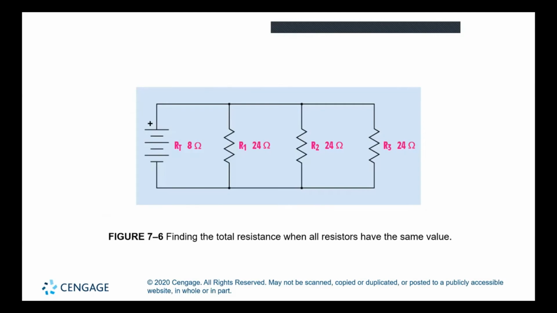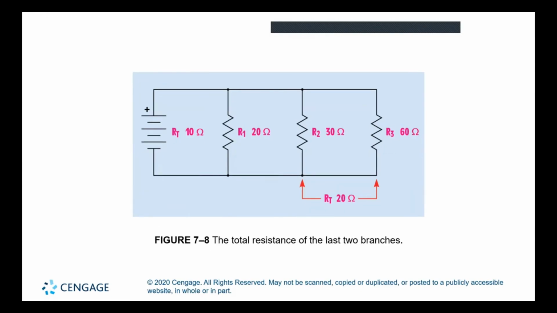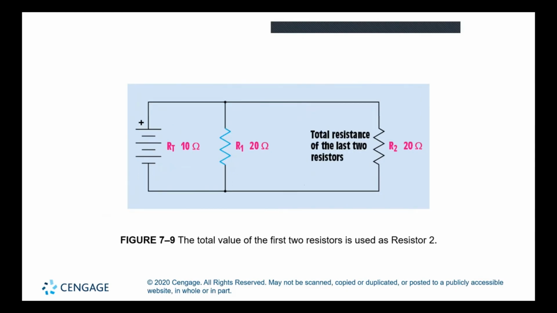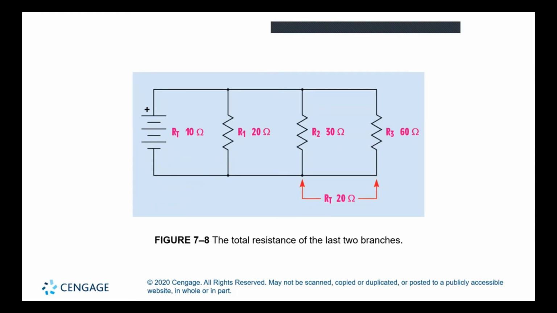Now, I want to give you this little challenge. You already saw resistors of equal value. Something you can do, when you use the product over the sum, is use it for 3 resistors by determining the value of 2 resistors and reducing the circuit to a 2 resistor circuit only.